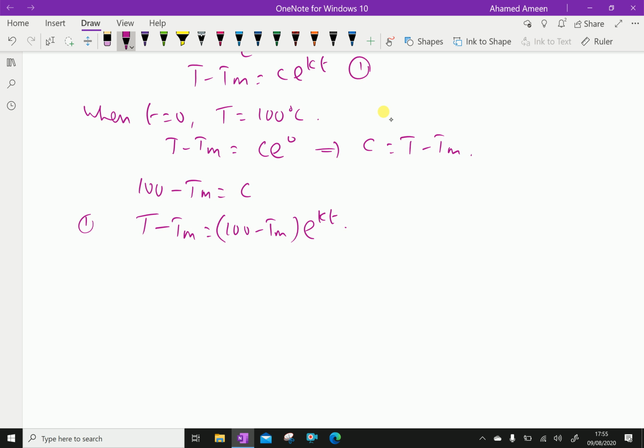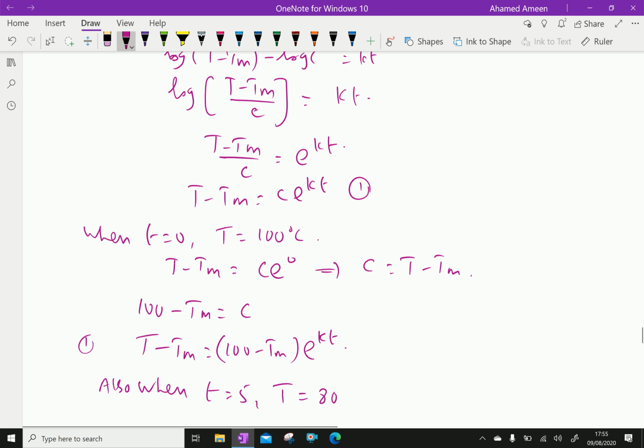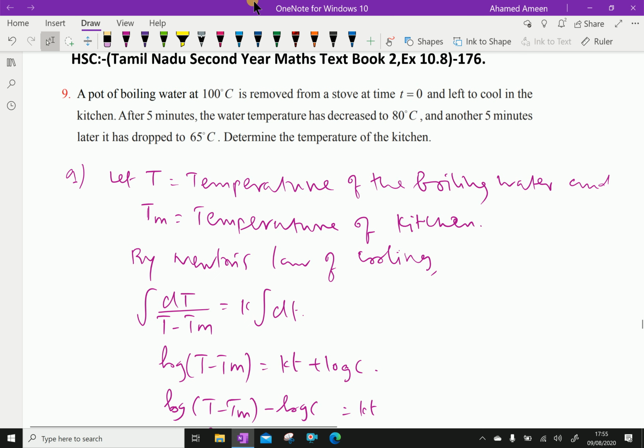Also when t equals 5 minutes and the temperature is 80 degrees. That means after 5 minutes the water temperature has decreased to 80 degrees Celsius.